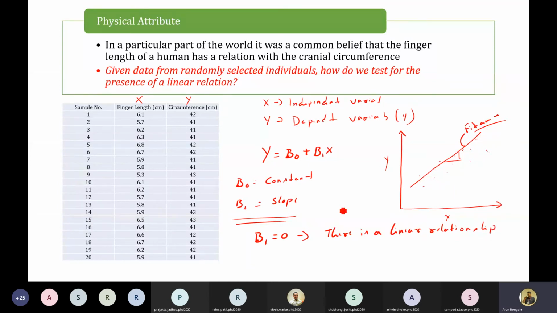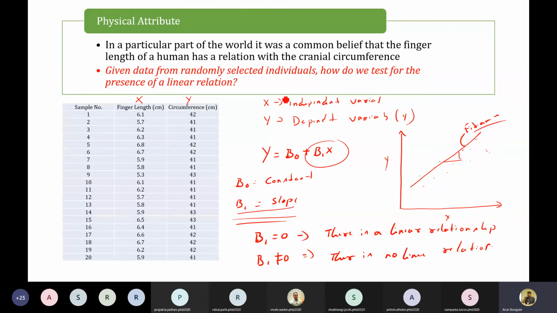If b1 is 0, meaning the slope is 0, then we say that there is a linear relationship between the dependent and independent variables. And if b1 is not equal to 0, then we say that there is no linear relationship. Okay, so this is what the hypothesis would be for this particular case.